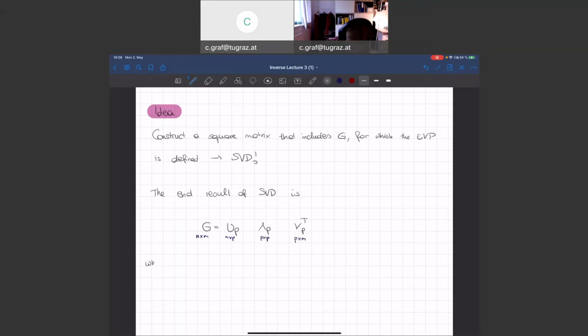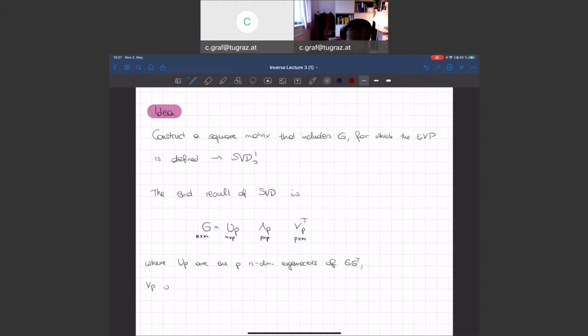So now the question left is, what are those matrices U, lambda, and V doing? So UP are the P n-dimensional eigenvectors of the matrix T T transposed. So T, the original one, was non-square, therefore we couldn't do anything with eigenvalues and eigenvectors. But actually T T transposed is square, so we can define the eigenvalues and eigenvectors of it.